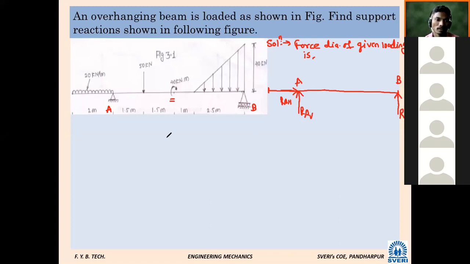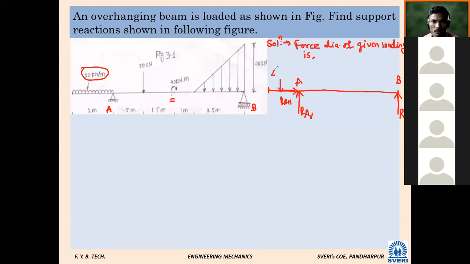Let us convert this 20 kilonewton load into a point load. What will be the intensity of this load in point load, and where will that be? 40 kilonewton. And where will be the point of application of that load? 1 meter.